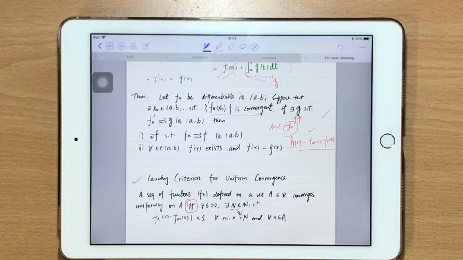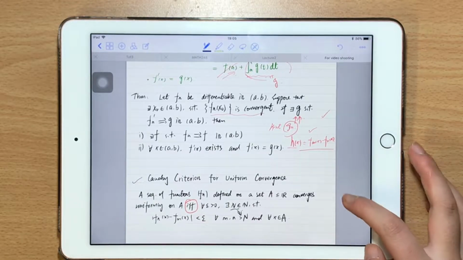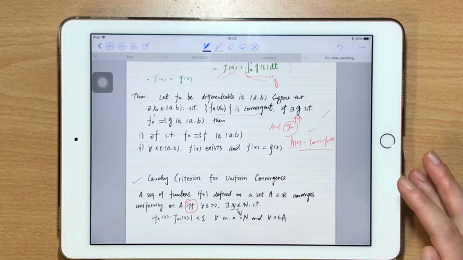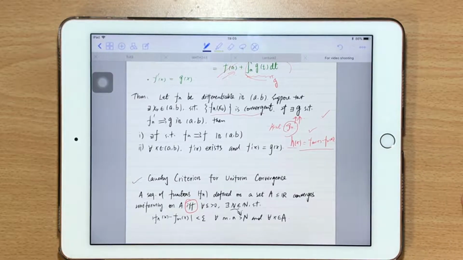So first of all, let's recall the Cauchy criterion. It's actually a necessary and sufficient theorem, because it says if and only if. But I'm not going to show you the necessary part because it's quite simple.